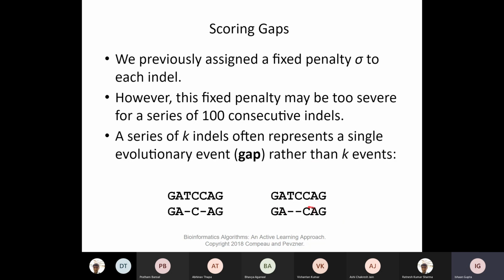So in order to facilitate this, we introduced a concept in scoring called gap opening penalty and gap extension penalty. Which means that whenever you open a new gap, it will be penalized higher than whenever you are extending an existing gap. So here you opened a gap and you're extending it to the second base. So this should be penalized lower. Therefore, the overall alignment score for this alignment will be higher as opposed to this alignment.